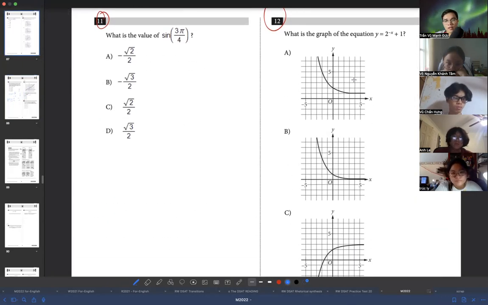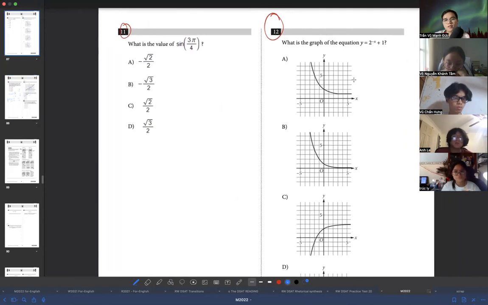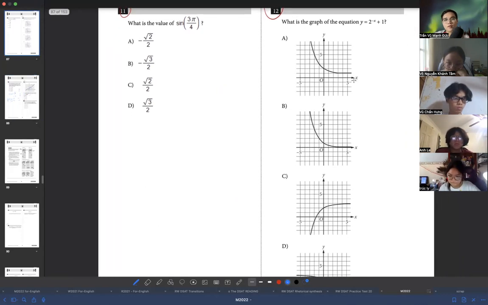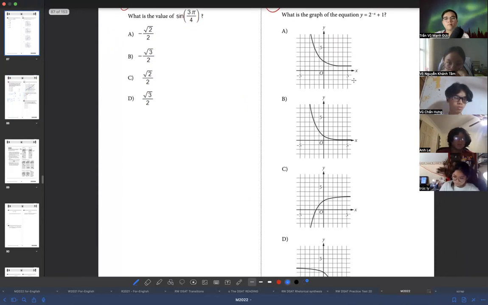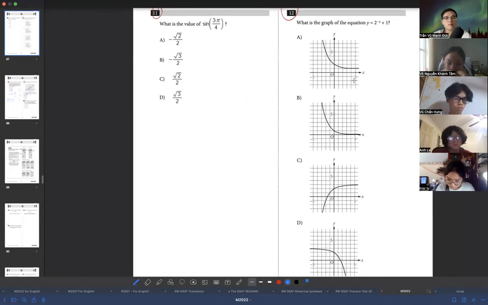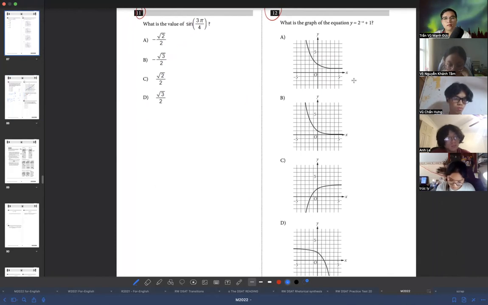This one is a bit more tricky, but it's essentially very simple. Can you do this for me? Let me just zoom it out.